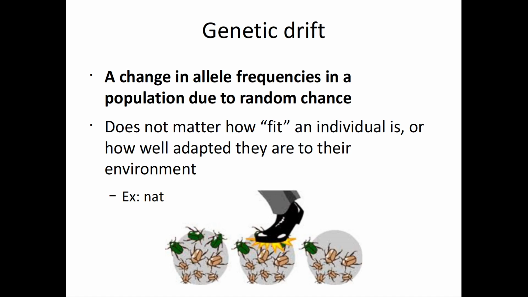A human came around and just happened to swat that particular gnat. That gnat's fitness level had nothing to do with it getting swatted; it was the wrong place at the wrong time. So these things happen, and if you have a small population, genetic drift is really exaggerated, because that one animal getting squashed by a boulder falling down the hill could represent a large chunk of the gene pool. In a large population, probably not a big chunk of the gene pool.